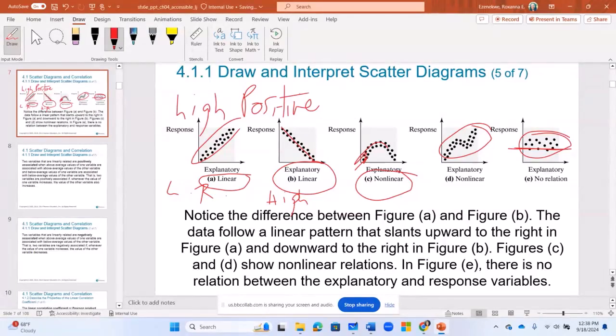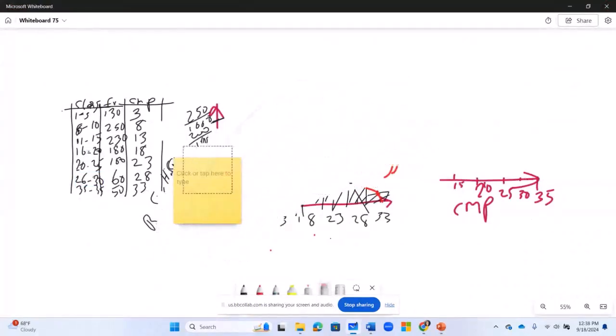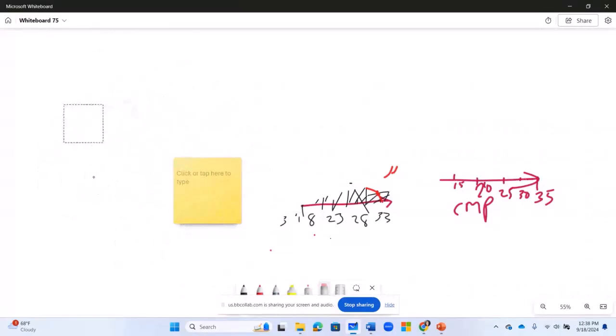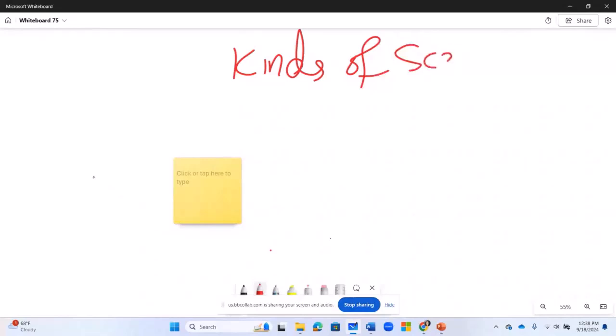Okay, so I am actually going to draw. I am going to make 5 lines here. So I'm going to write kinds of scatter plots. All right, so how many do we have?